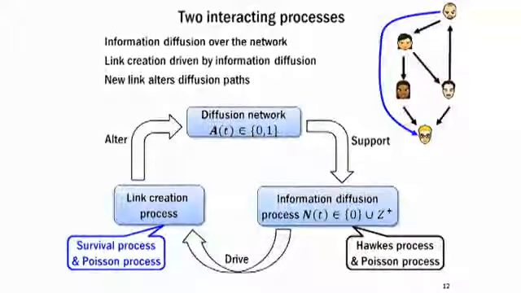The information diffusion is also recorded by a counting process, MT. It's going to be modeled by the Hawkes process and then the Poisson process. And the link creation is going to be driven by this information diffusion. It's also going to be modeled by the Poisson process and the survival process. More specifically, I'm going to explain the information diffusion process using an example, and also the link creation process example. You can see the general formula in the paper.